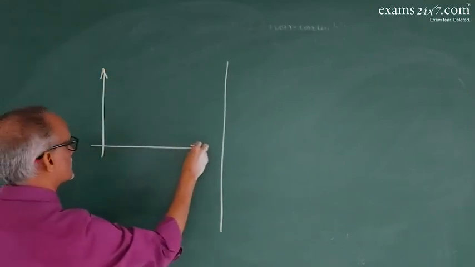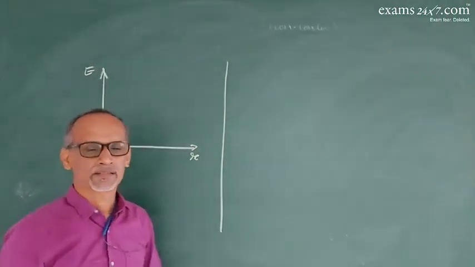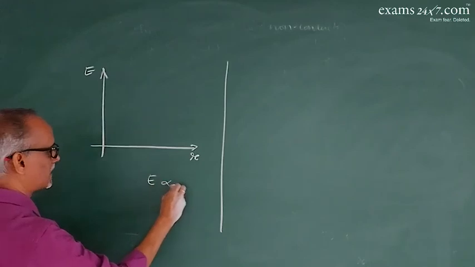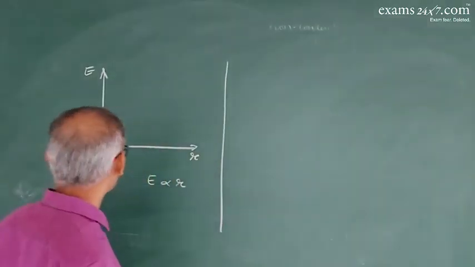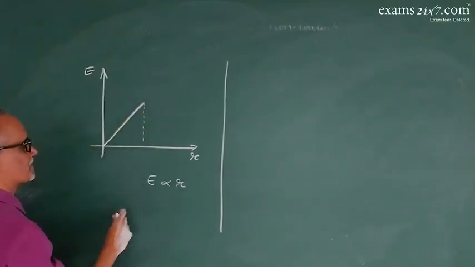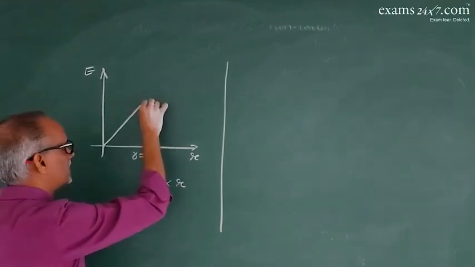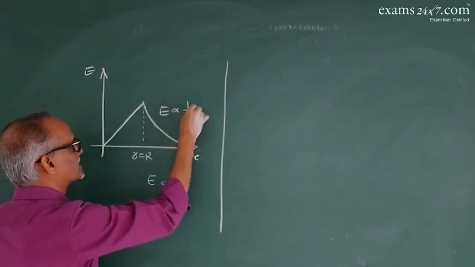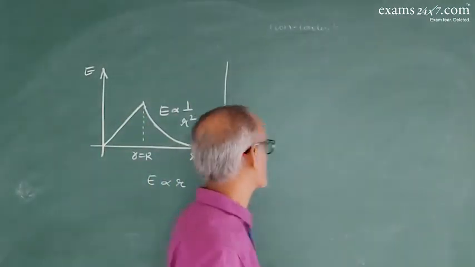The variation of the electric field with the distance: since E is directly proportional to r inside the solid, E is linear till the surface, till r becomes R. And beyond that, it varies inversely as r squared. So that's the graph of the electric field versus the distance.